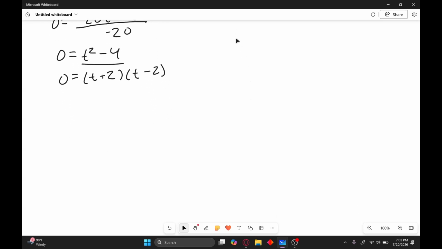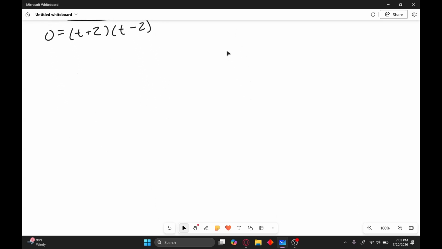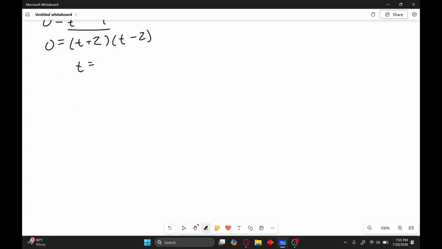Let's move this down a little bit. Now if we set both of these equal to 0, we'd get t equals negative 2 and t equals 2. Now remember, our interval is from 0 to 12, right? So it can't be equal to negative 2.